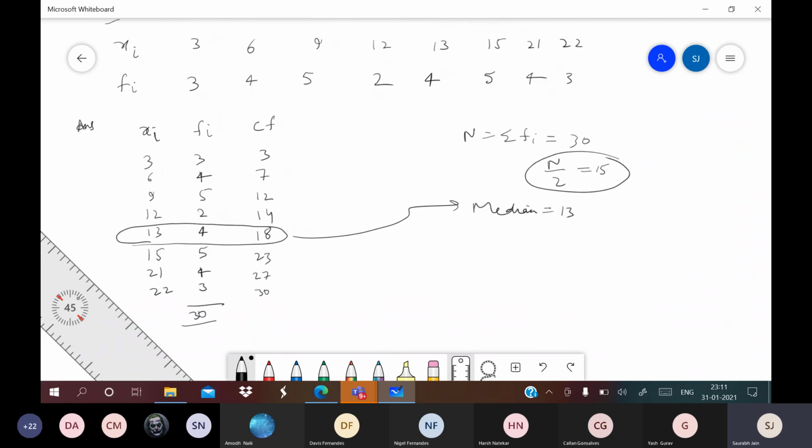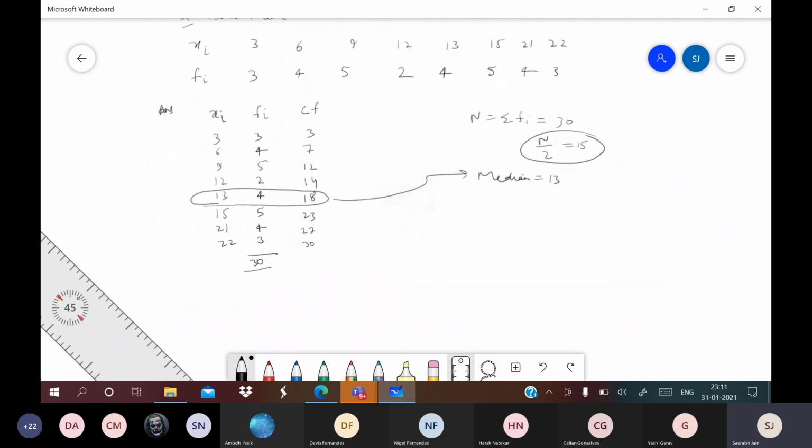Now you have the median, and everything is the same. First you will find xi minus a. A is the median here, so subtract this value from all the values of observation: minus 10, minus 7, minus 4, minus 1, 0, 2, 8, 9.